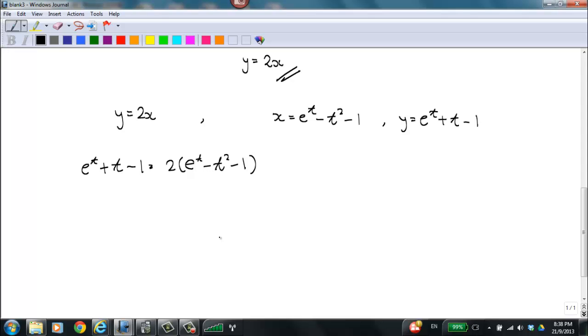But please take note that you now have an equation containing exponential and algebraic terms. This means we will be using the GC to solve for this value of t. Since we are going to use the GC, a more convenient way is to shift all the terms to one side.